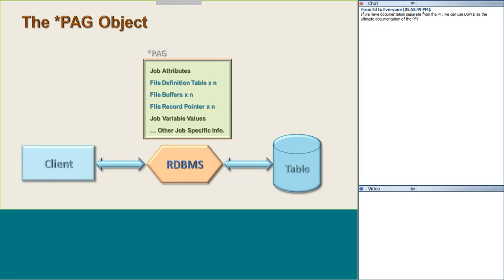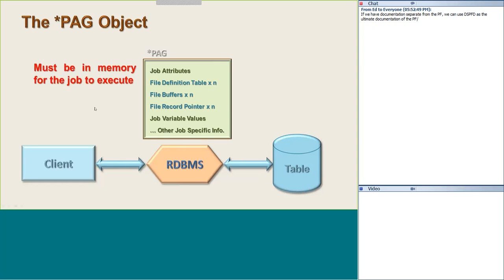It contains job variable values and also all other job-specific information. So every time you open a file in a client process, you add to the PAG object. The PAG object grows and shrinks according to the demands of the job.